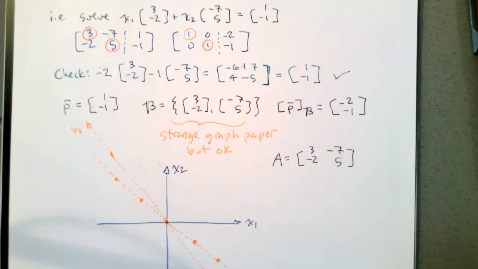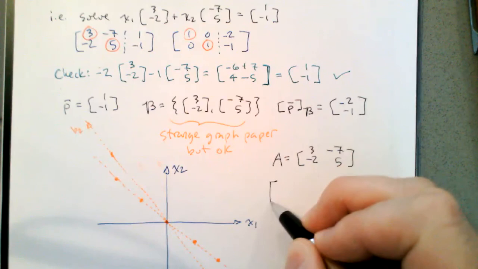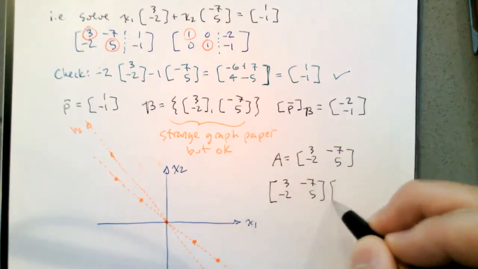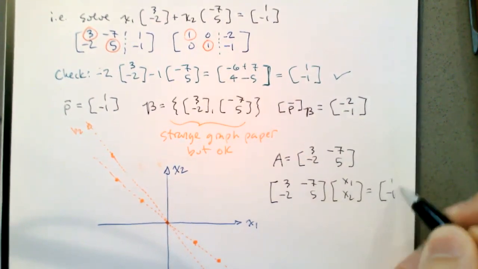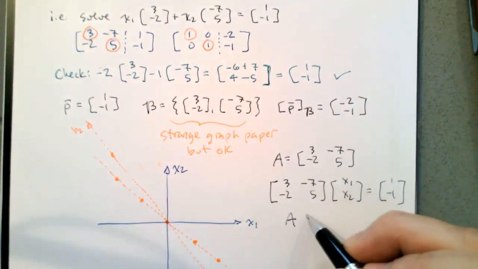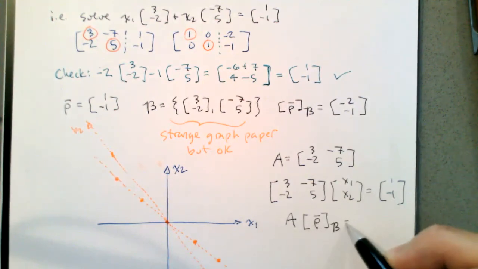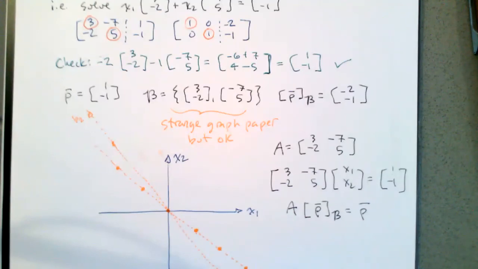Notice that the x1 and x2 are being multiplied by A. So I'm taking A, with columns (3, -2) and (-7, 5), multiplying that by x1 and x2, and that should come out to be (1, -1). If I take the matrix A and multiply by the coordinates of P relative to B, that will come up with the vector P. So yes, that's exactly what it would look like in a matrix equation.